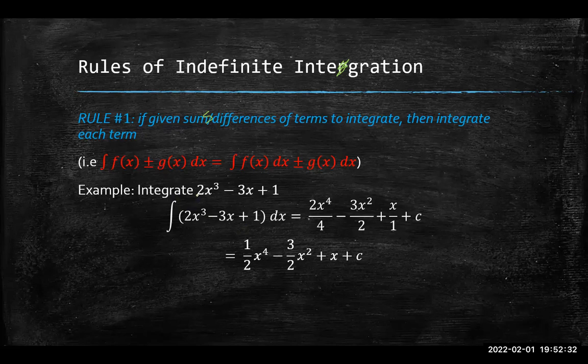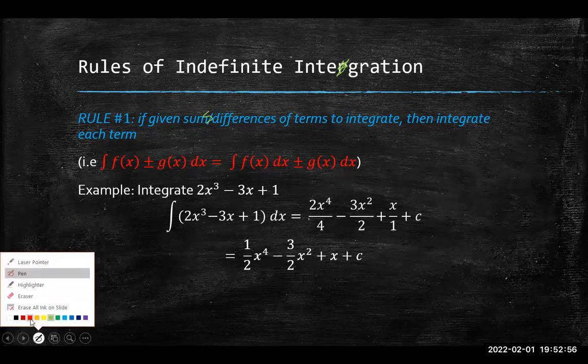All I have to do is integrate each term. Use the law that I showed you just now, and you do it for each term. Find the integral of 2x cubed, minus 3x, and 1, right? So let's take it one step at a time. What's the integral of 2x cubed? Well, all I have to do is apply my rule.